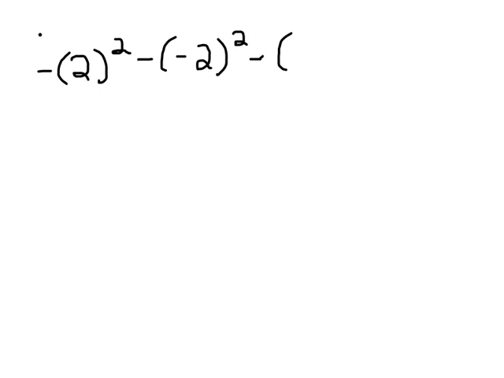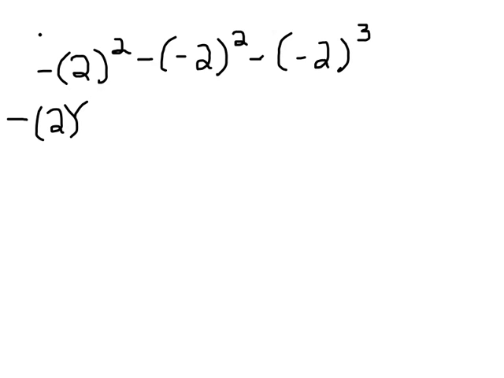B starts out with an unprotected negative sign, and then a protected negative sign, and another protected negative sign. So let's write it out like it should be.